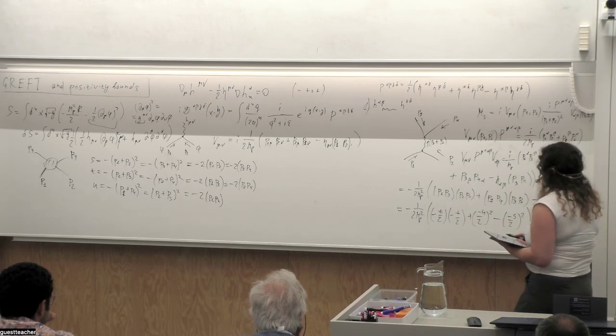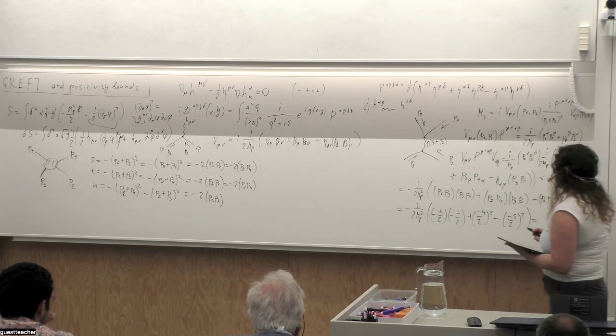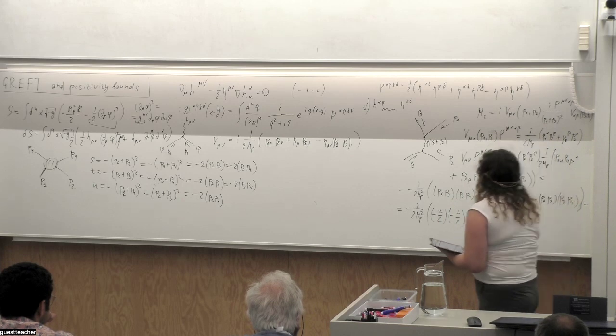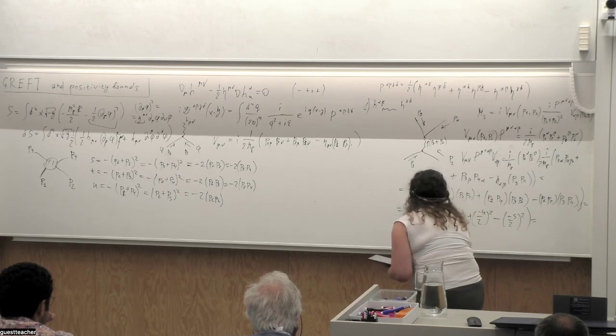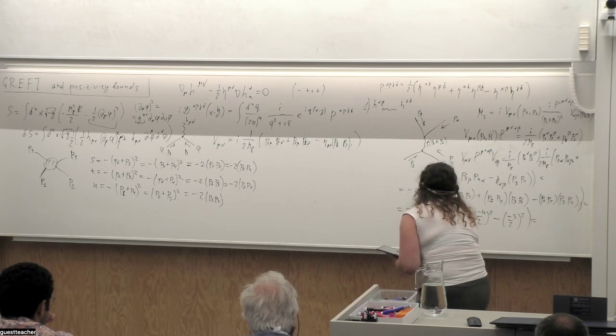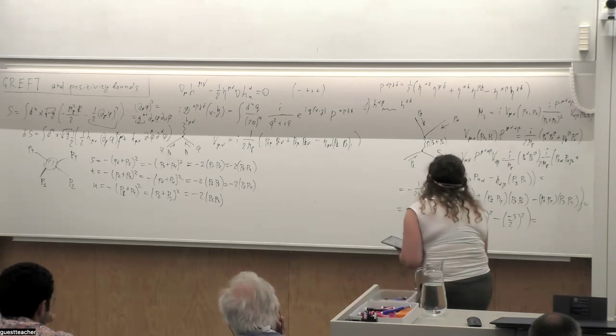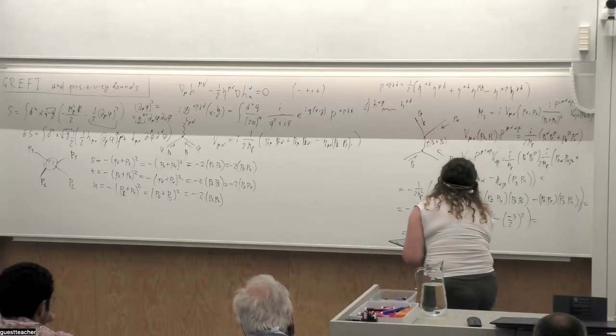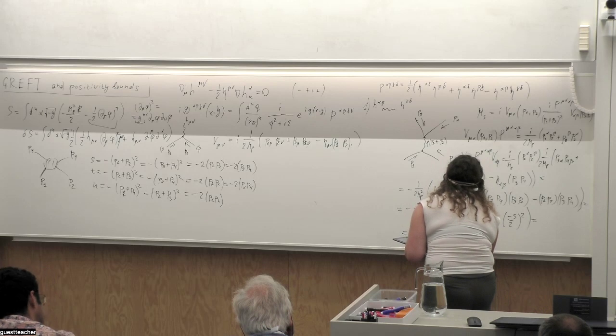Okay, then I will get minus 1 over 8 Mp squared. And here I get T squared plus U squared minus S squared.